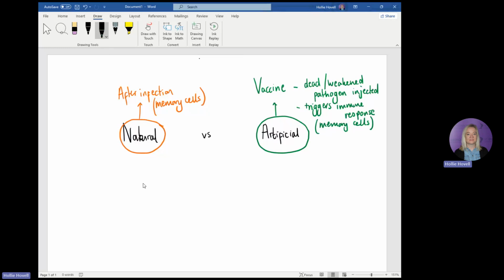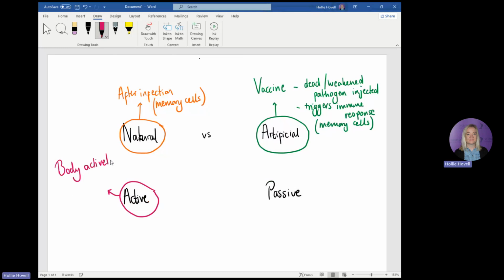Now, there's two other categories we can talk about as well, which are active versus passive. Now, everything we've talked about so far has been active immunity. So what we've been talking about is your body actively making its own antibodies.